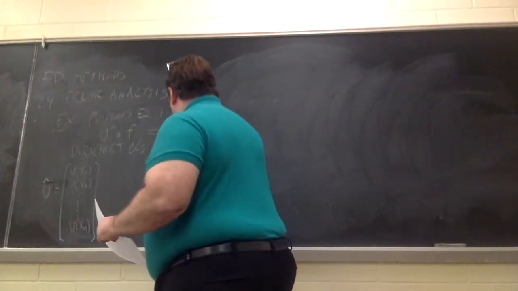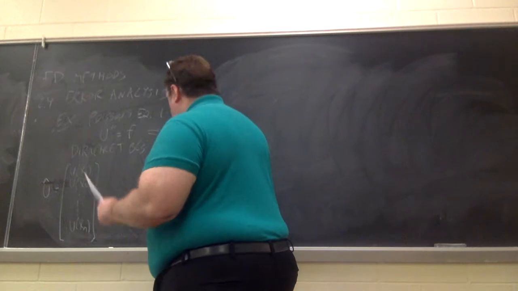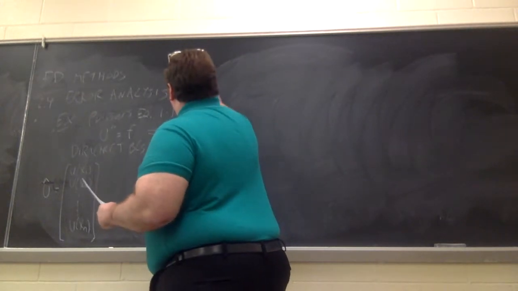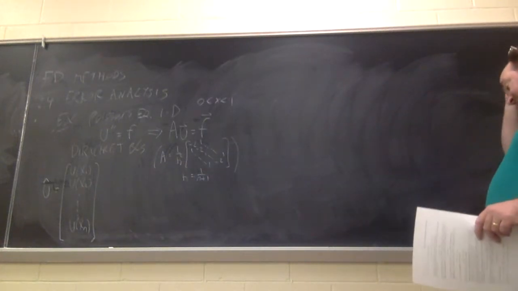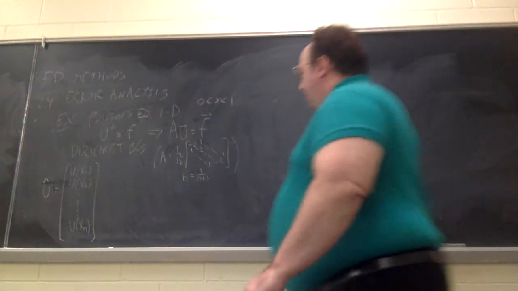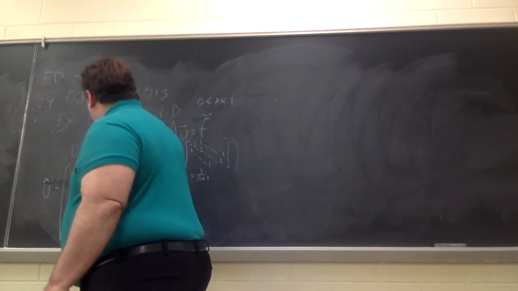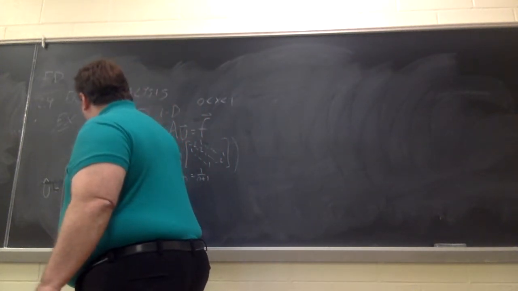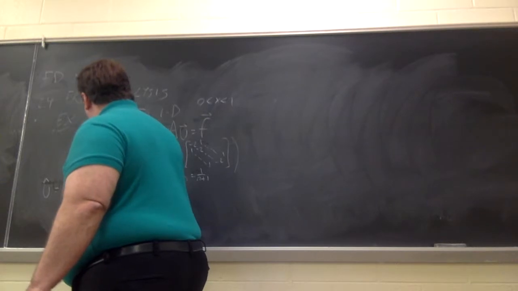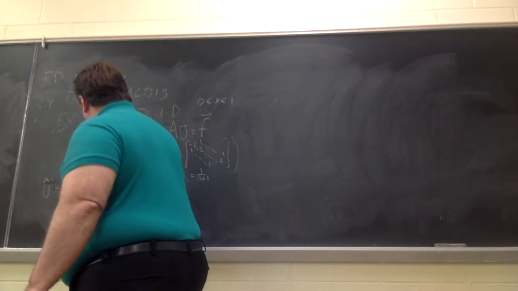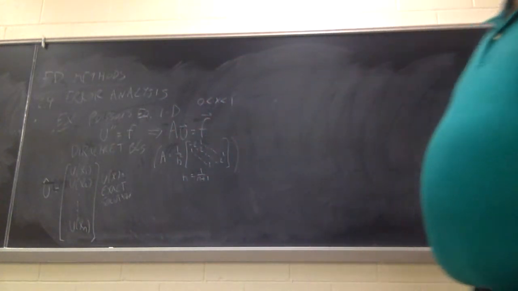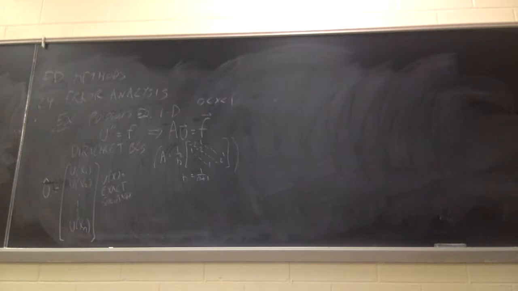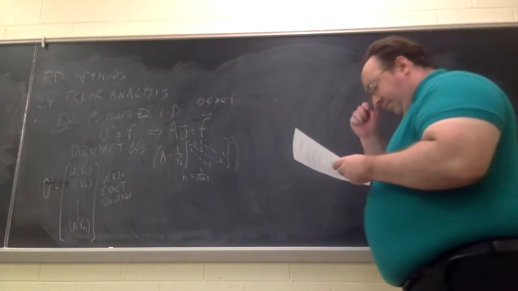So you have n grid points, so h is equal to 1 over n plus 1. We'll assume that we're working on the interval 0 to 1 for concreteness. So this is u of x, the exact solution, whereas the vector U without the hat is going to be our computed solution at the grid points.